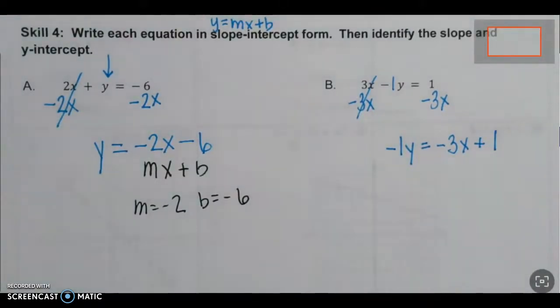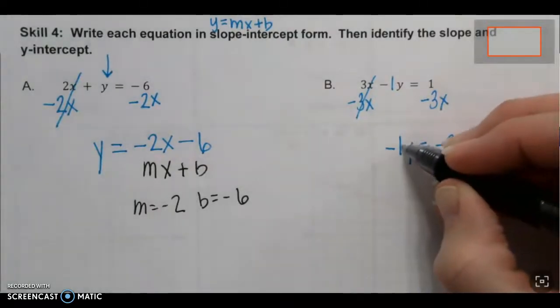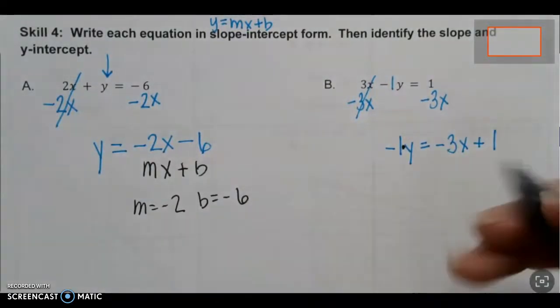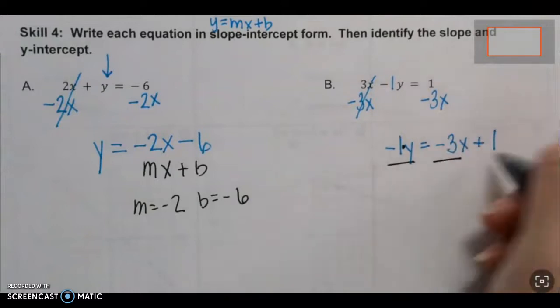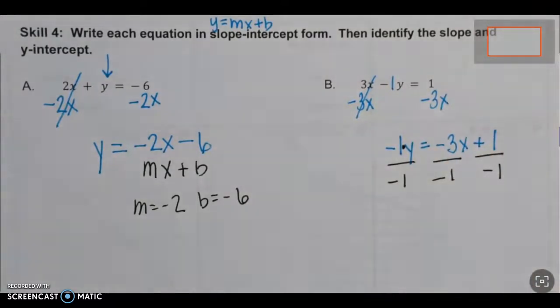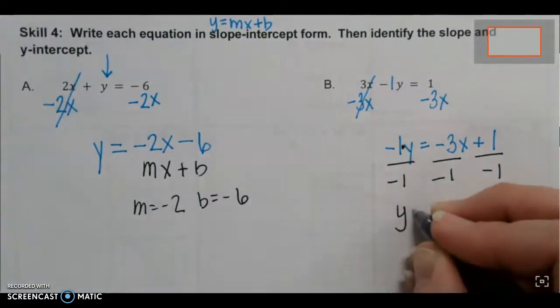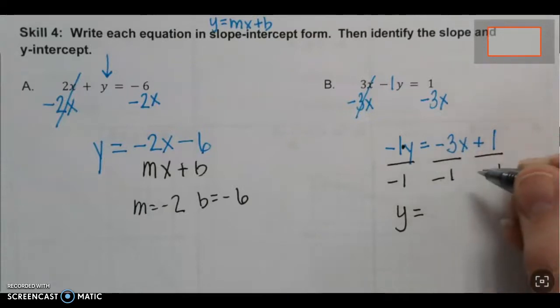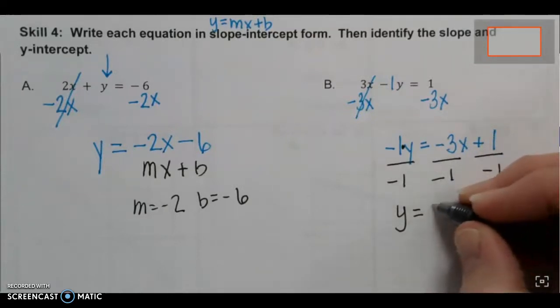So on the last problem, I was finished, I didn't have to do anything else. But on this problem, I still have to get rid of the -1 that's being multiplied by y. The opposite of multiply is divide. When I divide everything by -1, -3 divided by -1, type that into my calculator, that's 3.